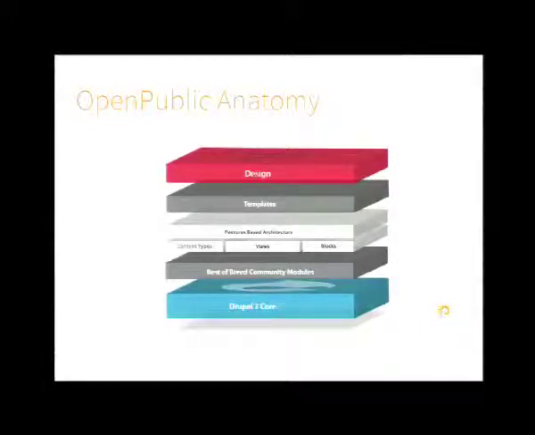So you can manage that in a single code base, deploy it out for different parts of your organization to use, rather than them having to reinvent those wheels, they can just deploy it as features. And then above that, you have the theming layer. So I mentioned that we're based on a responsive, mobile-ready theme, OpenOmega. So that's kind of the layer cake version of what's going on within OpenPublic as a distribution.